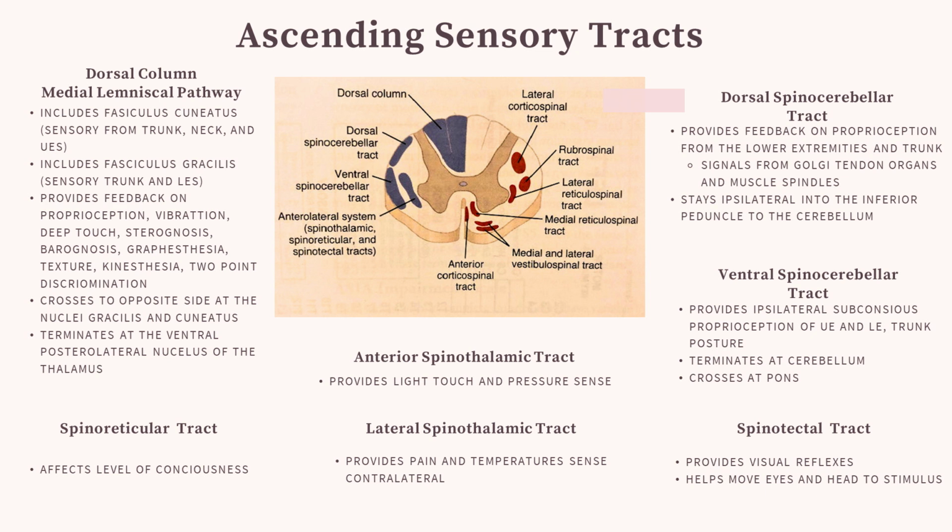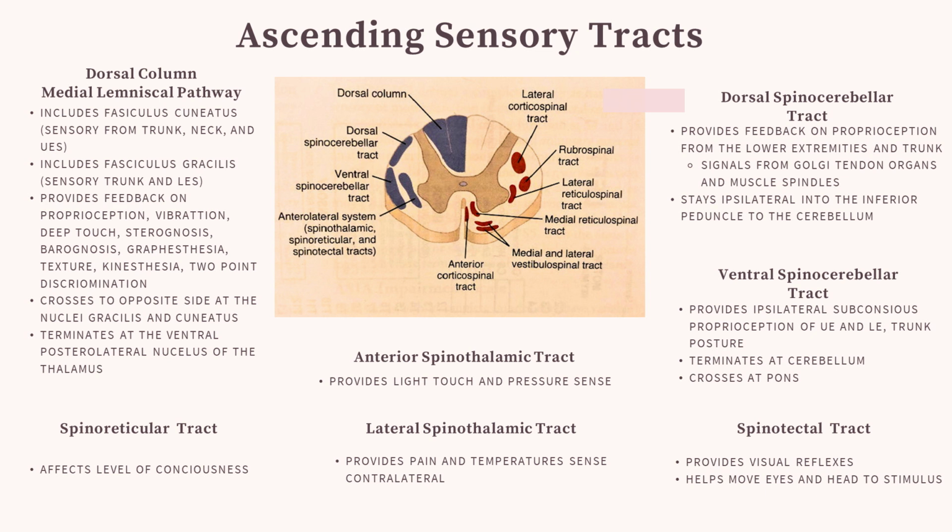And although the dorsal column, medial lemnisci, is at the posterior aspect behind that H, you can see that there are some ascending sensory tracts trickled out throughout the spinal cord. Now, this shows the ascending tracts in the blue and the descending tracts in the red, but all of these are on both sides of the spinal cord. So it's going to be on both sides, regardless of the blue and the red depicted here.